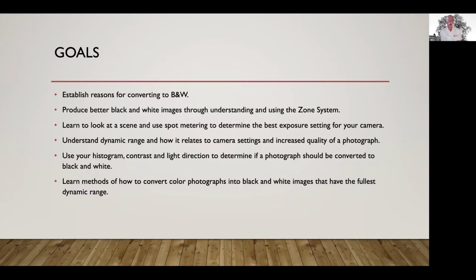We'll also talk about the histogram, contrast, light direction, and texture, to determine if a photograph should be converted to black and white. And then finally, we'll talk about methods by which we can convert to black and white, using the full dynamic range to do so.